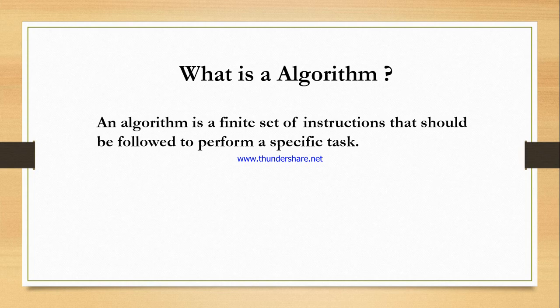From the start point to the end point, this is known as algorithm. These steps are a finite set of instructions, because we cannot write unlimited points. There should be limited points and it should be very logical. That is why it is known as algorithm.